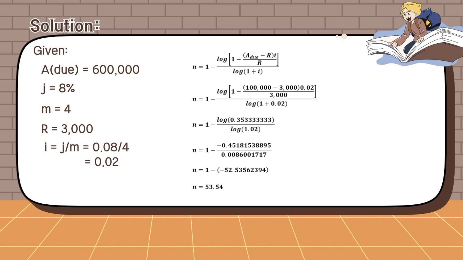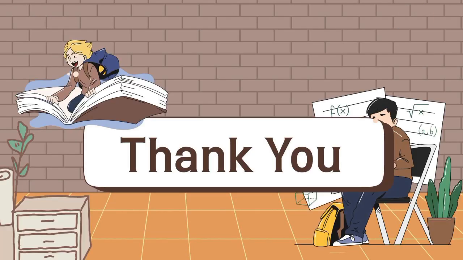So to answer the question, how long can an account sustain quarterly withdrawals if it contains 100,000 pesos and earns 8% compounded quarterly, the answer is 53.54 periods.